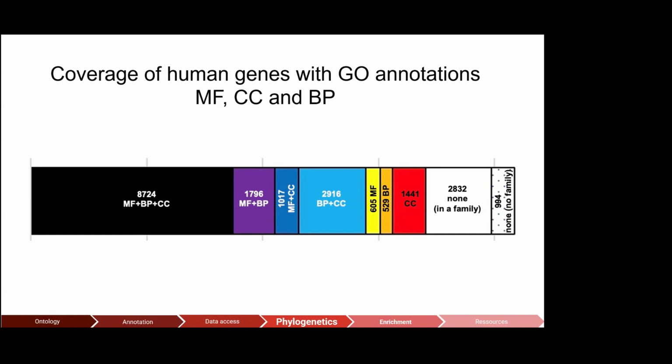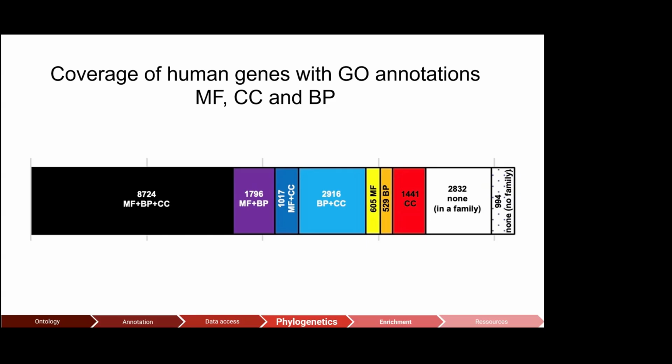This probably comes from the fact that there is some evidence, but it has not been annotated yet. The papers have not been seen by a curator, or these genes have never been studied. So if you have no evidence, we cannot do anything.